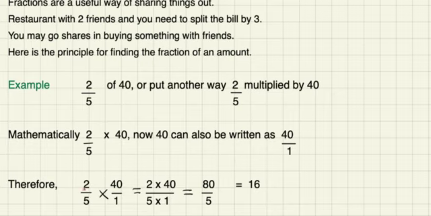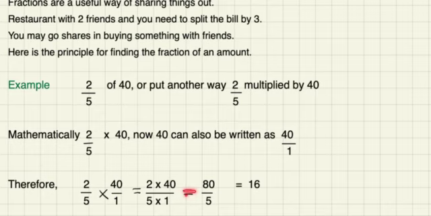So we can rewrite all of this. We just copy this down here. We then multiply it as before, but instead of writing just 40, we can write down 40 over 1. And so this equals multiplying the numerators, 2 times 40, multiplying the denominators, 5 times 1.